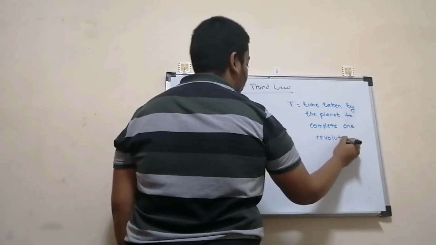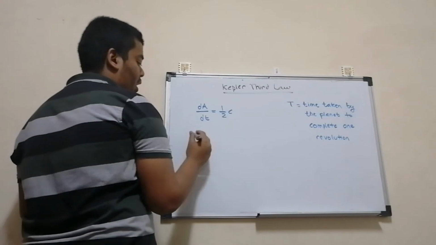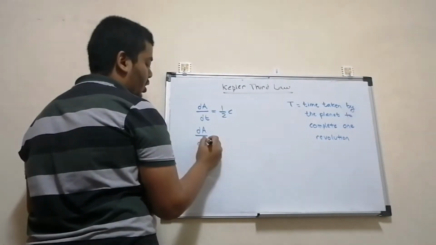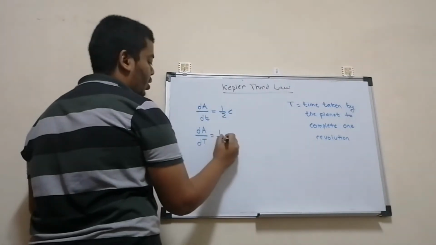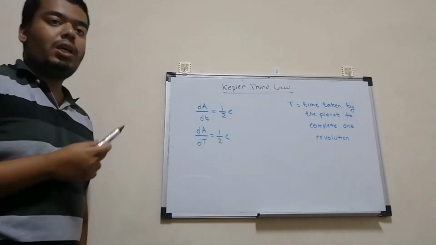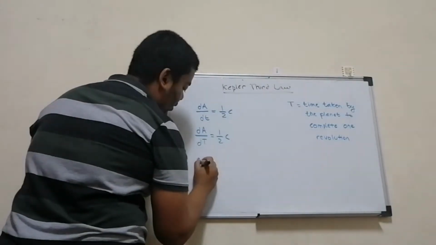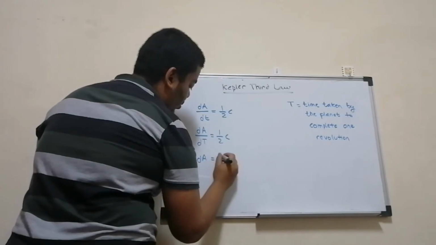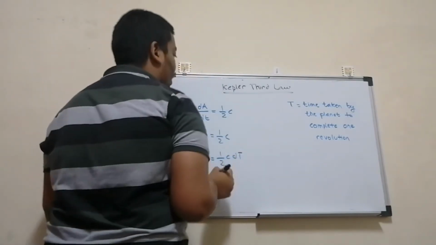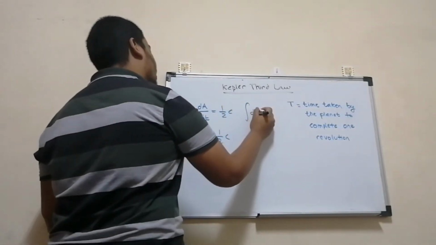Okay, so I can replace the lowercase t with the uppercase T. So dA over dT is equal to 1 upon 2c. What I will do here is take the dT to the other side. I'll be left with dA is equal to 1 upon 2c dT, and I'll integrate both the sides as we do with first order differential equations.